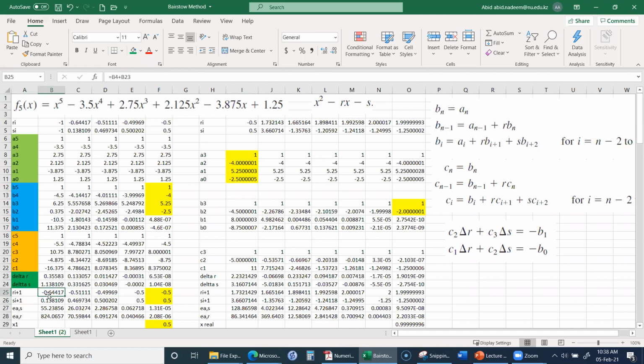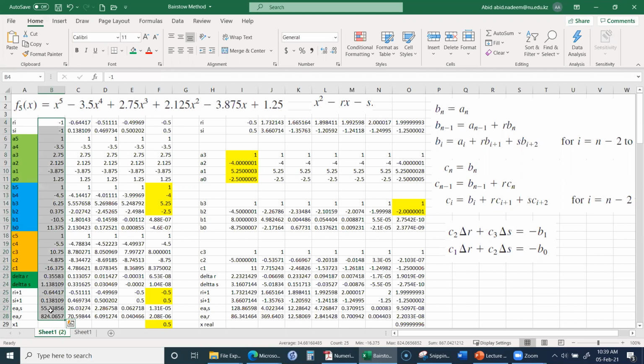So r i plus 1 is equal to the initial value plus delta r, and s i plus 1 will be the initial s value plus delta s. Next you will calculate the percentage approximate error: delta r divided by this value, multiplied by 100, taken in absolute terms. For the first iteration we get this value, 55.25.